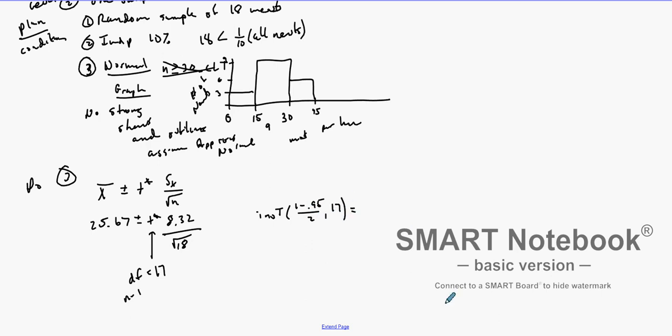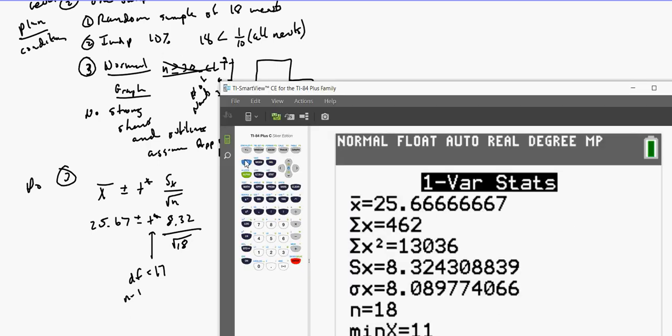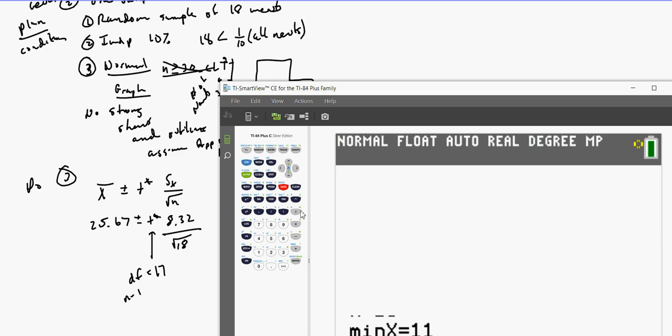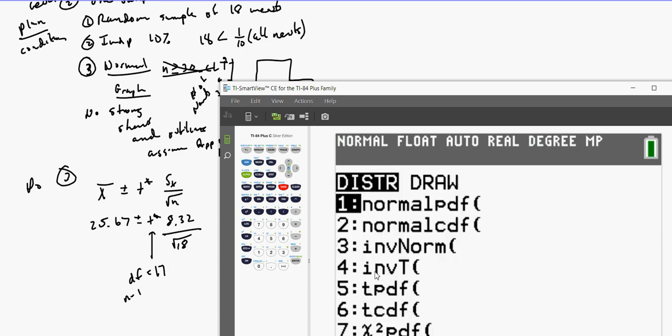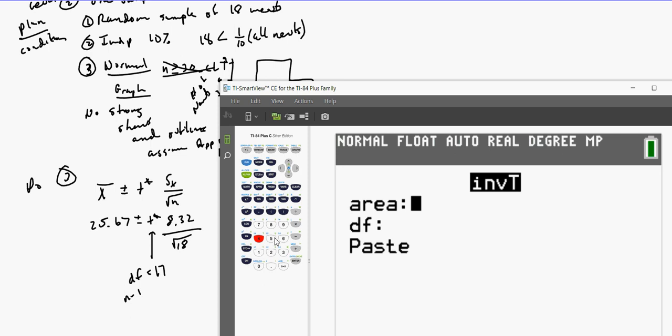If you take out your calculators, press second vars, and you see this little 4 right here, inverse t. I'll press 4. Our area goes in parentheses right there. What is our area?